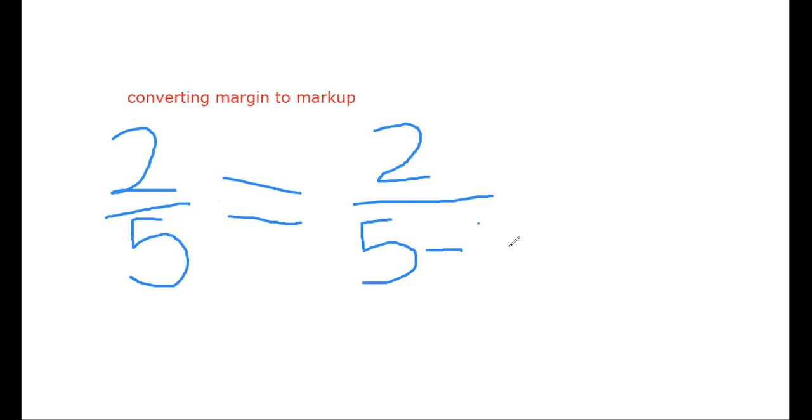Now in this case you are not adding, and therefore your markup will be 2 over 3. Do you understand? Yes. Okay. So here the rule says that when converting margin to markup, you take your numerator, then you subtract it from your denominator.